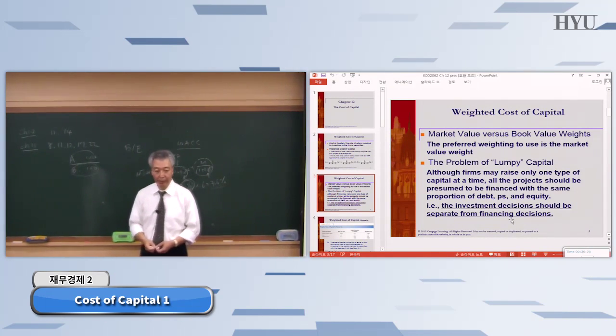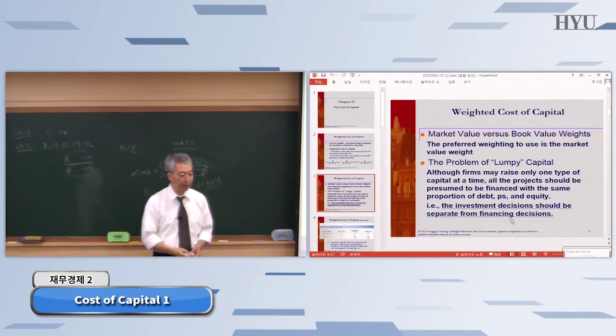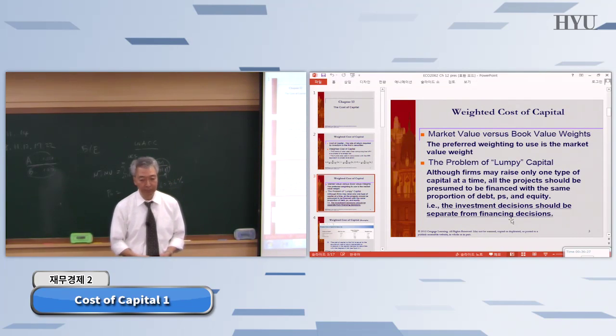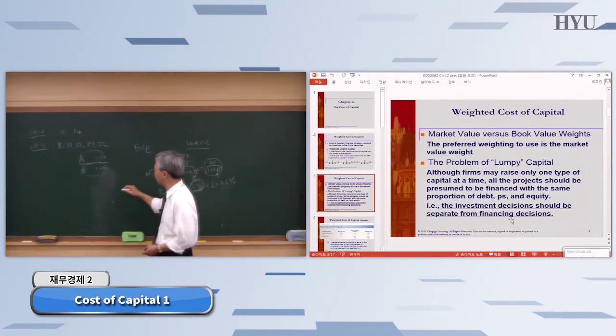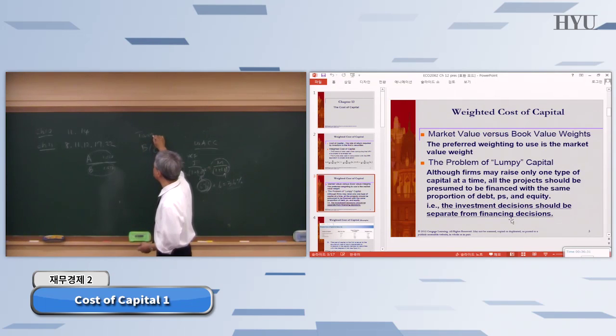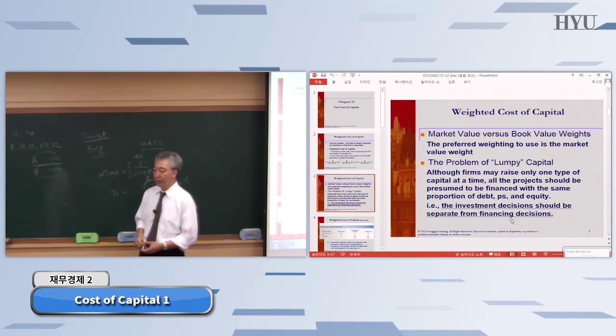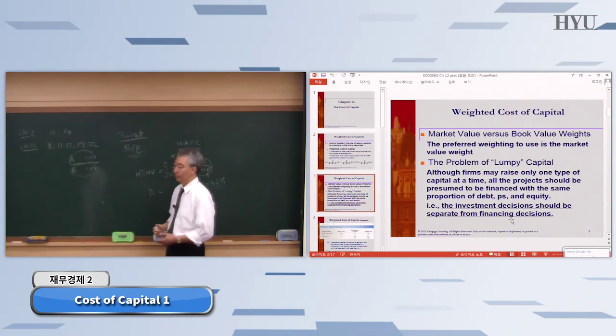Well, maybe. But in typical cases, we have what they call target capital structure. In other words, companies typically have a target level of debt equity ratio. Because if the company accumulates too much debt, then it can be regarded as risky by investors.